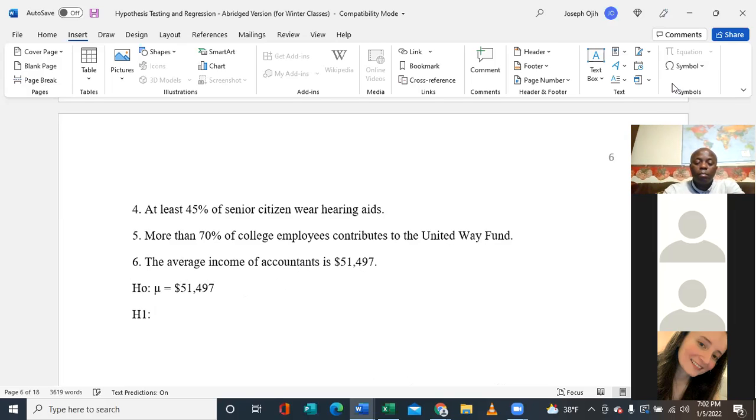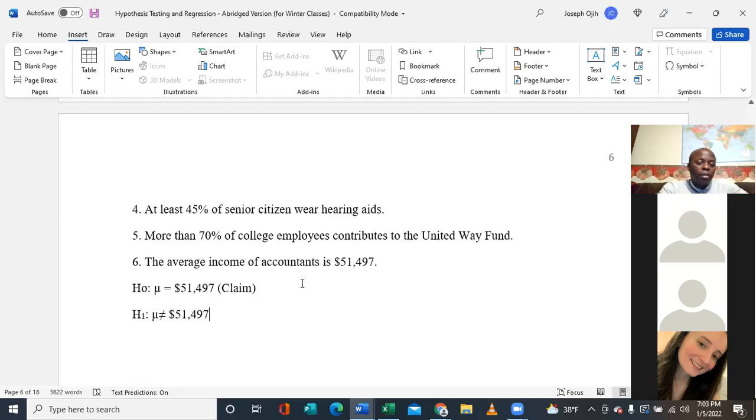That was the claim. Now, the alternative hypothesis will be the opposite of that. The opposite means the mean is not equal to 51,497.